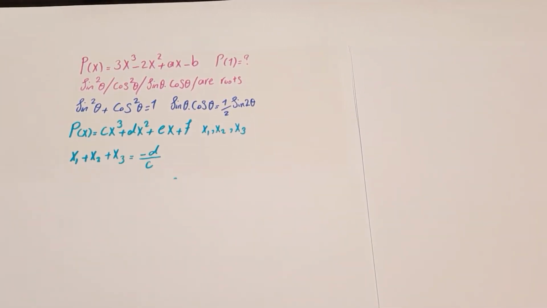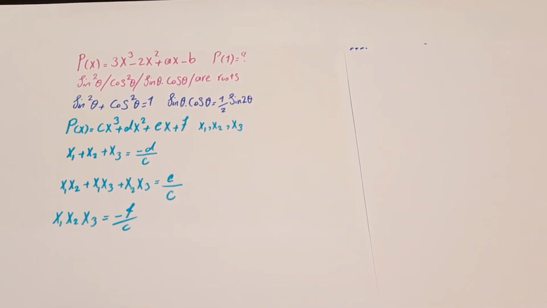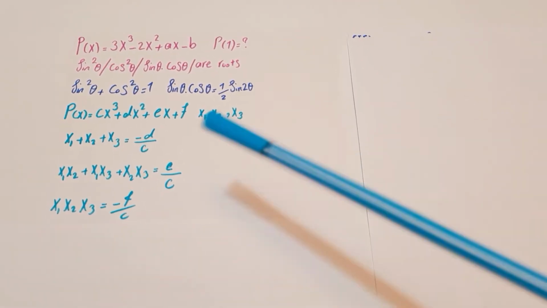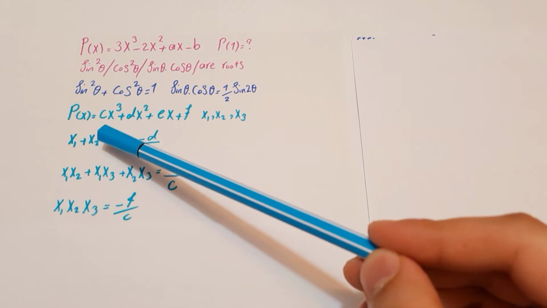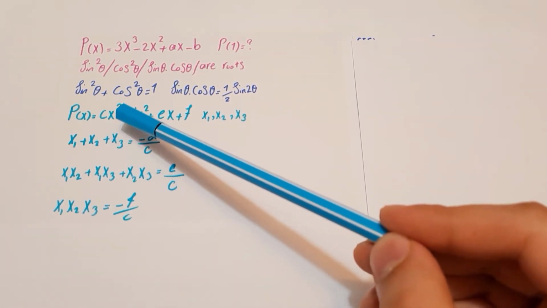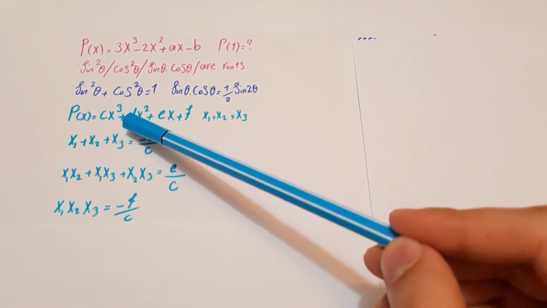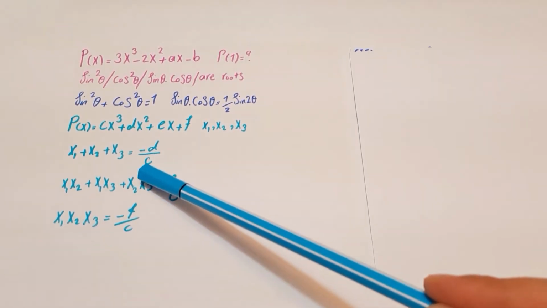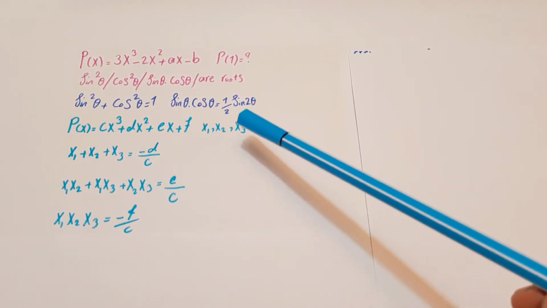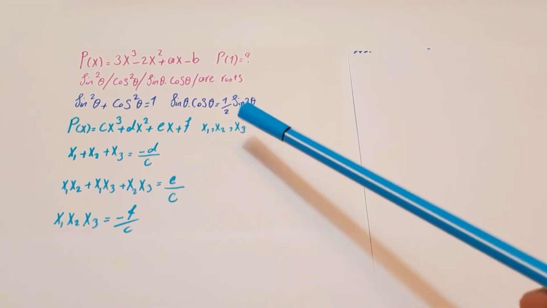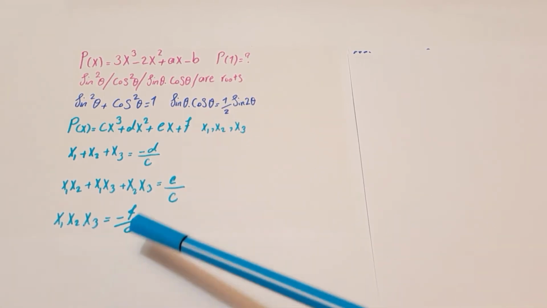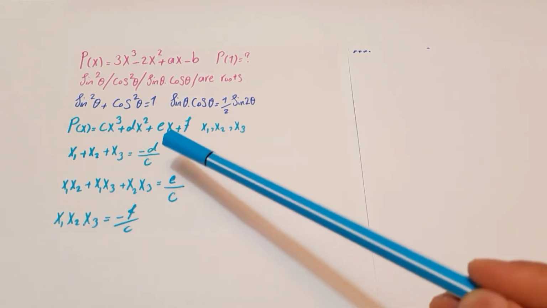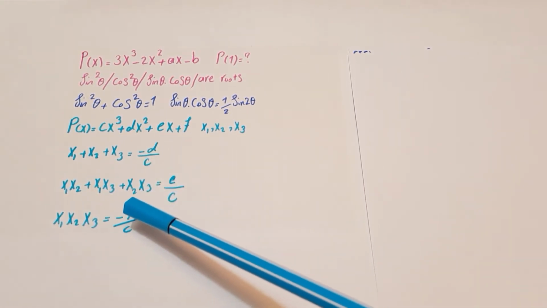We have another important point. Imagine P(x) equals c times x³ plus d times x² plus ex plus f, and x1, x2, and x3 are the three roots of this polynomial. If you want to calculate x1 plus x2 plus x3, that's equal to minus d over c.